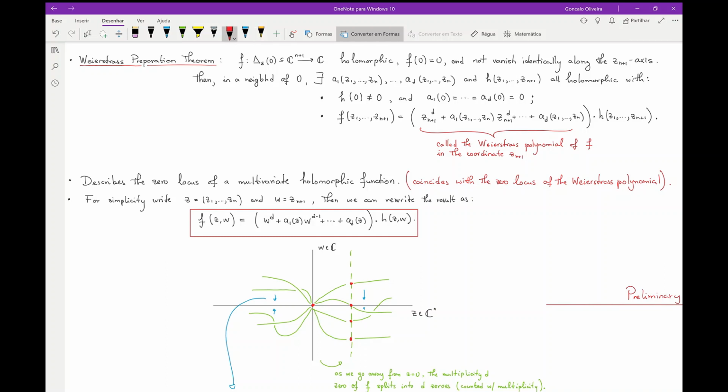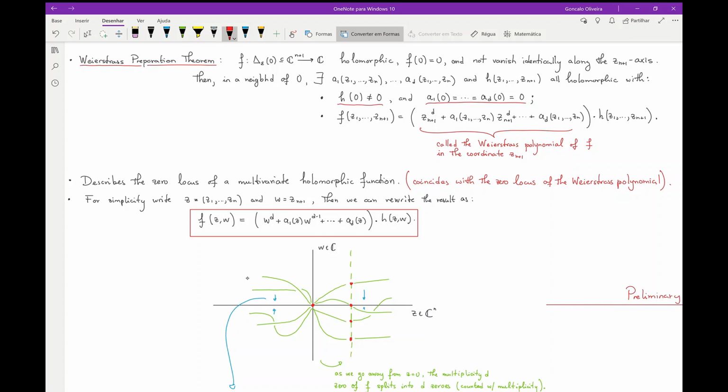First, h does not vanish at zero. Okay, so that's one of the properties. And the other property is that all the other functions, a_1 up to a_d, do vanish at zero. And then you can write your function f of z_1 up to z_{n+1} as a polynomial in z_{n+1} with coefficients the first d functions I mentioned, which only depend on z_1 up to z_n.